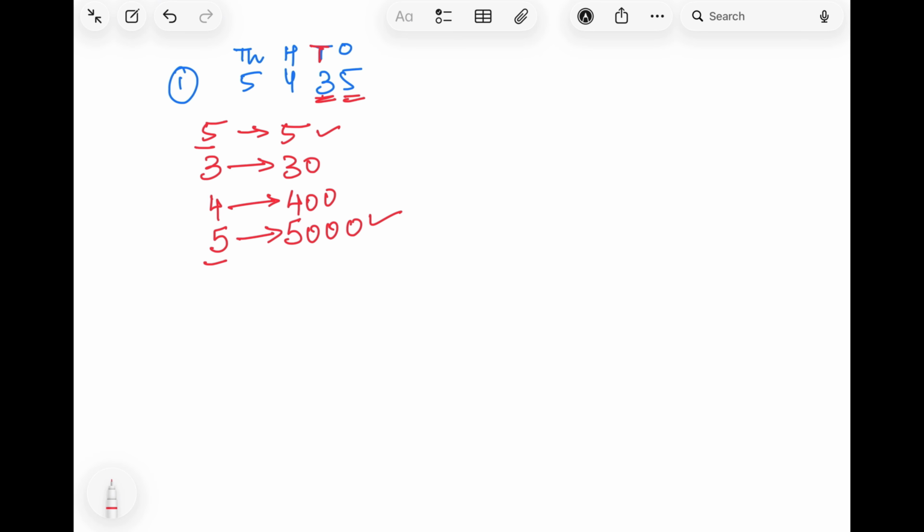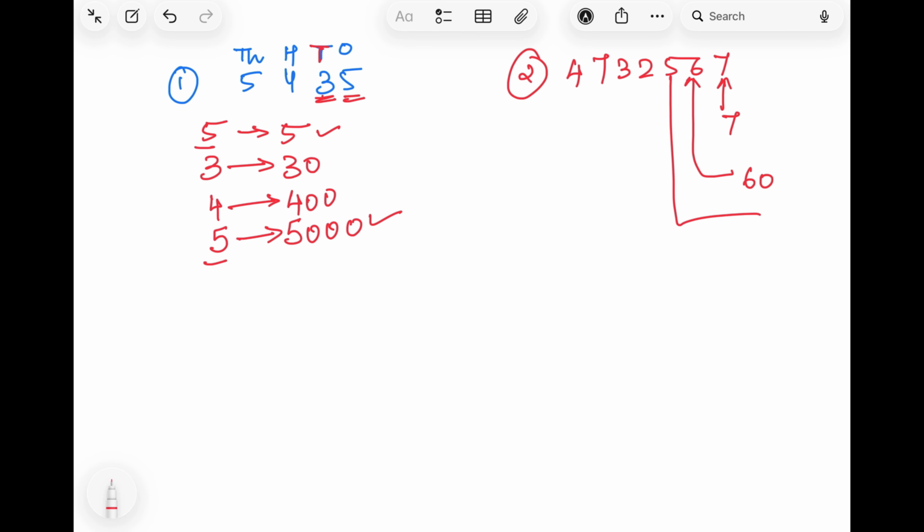Similarly, if we take a bigger number, 4,732,567. What is the place value of each digit? This is 7. The place value of 6 is 60. The place value of 5 is 500, because it is at hundreds. The place value of 2 is 2000.